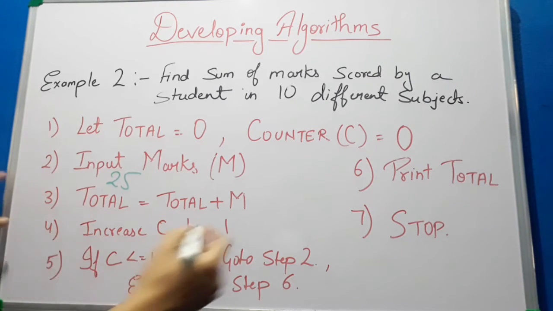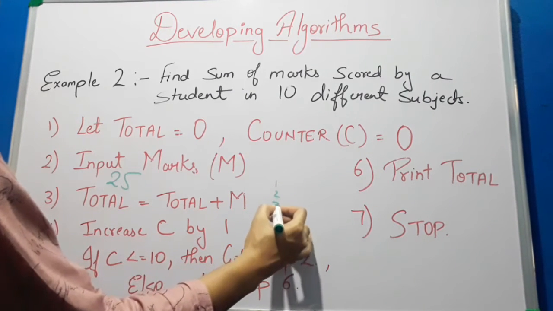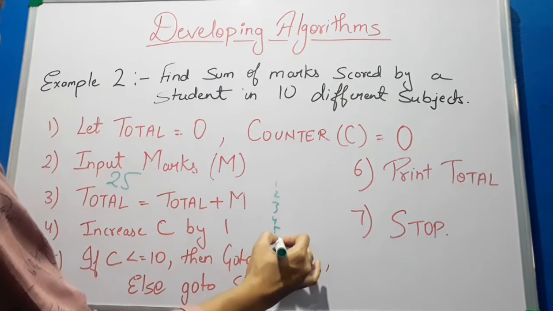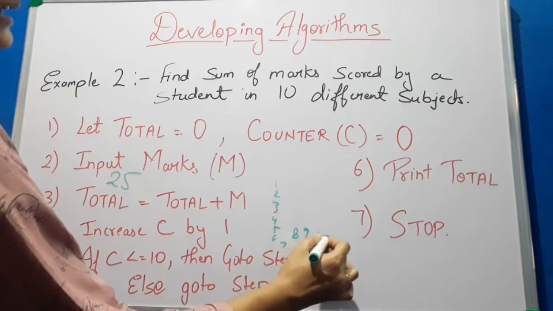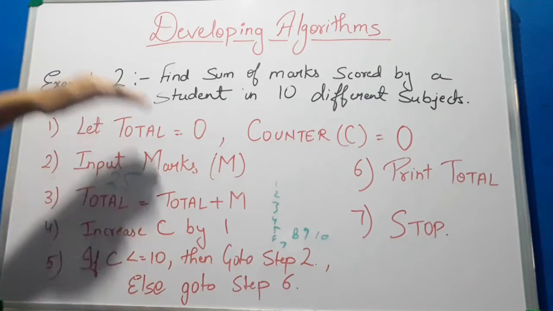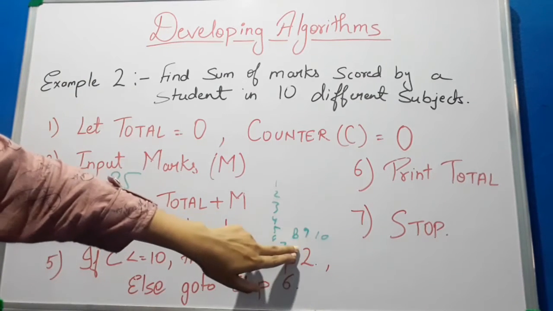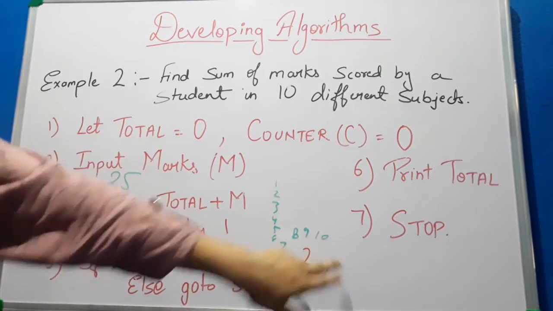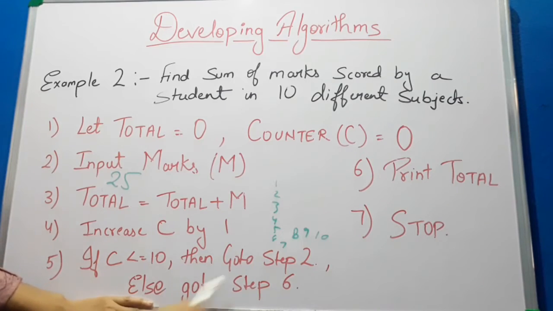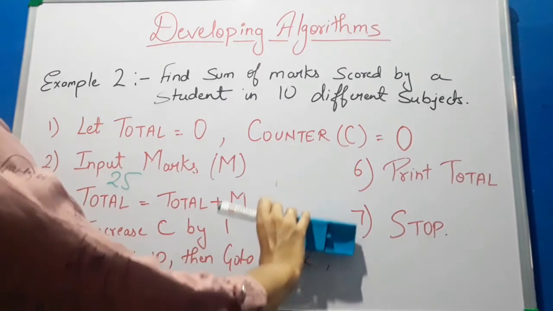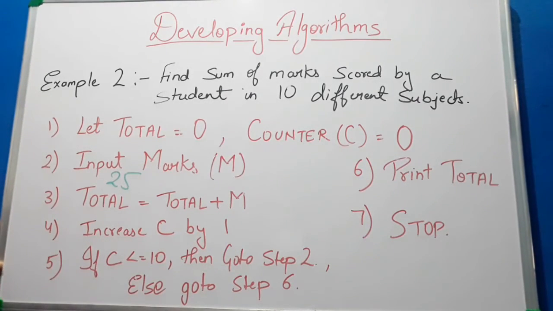Till then, while the value of C is 1, 2, 3, 4, 5, 6, 7, 8, 9 and 10, this step will be repeated. If the value increases beyond 10, then you have to go to step number 6. So this loop will continue till the value of C becomes 10.